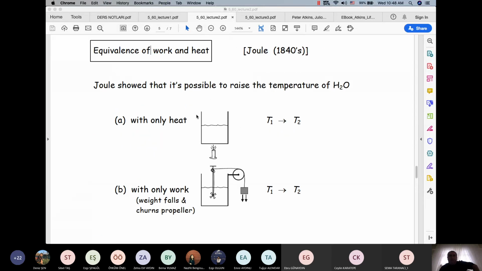But interestingly, with only heat, temperature changes, right? With only work, temperature can still change.